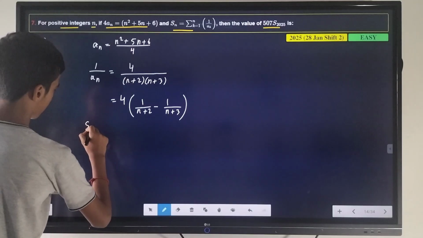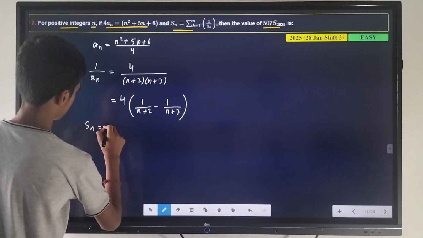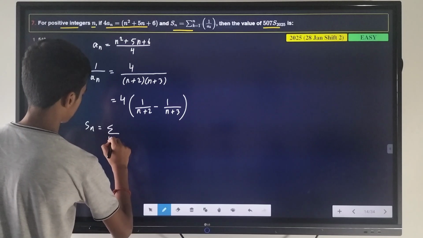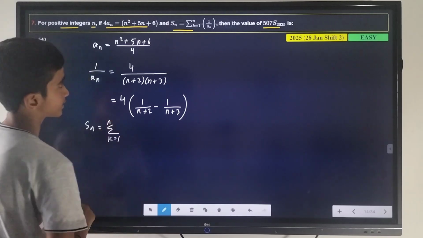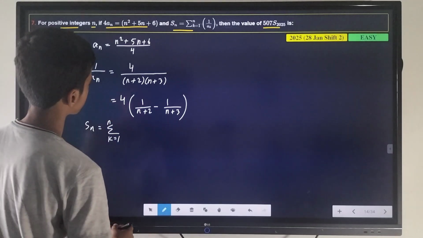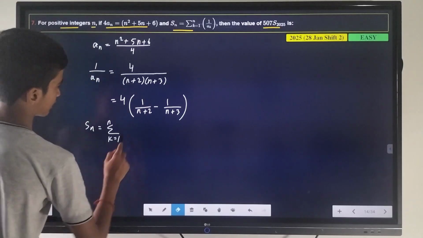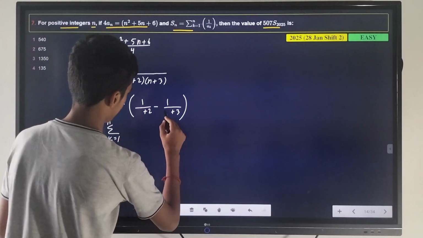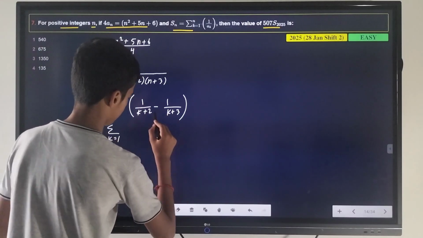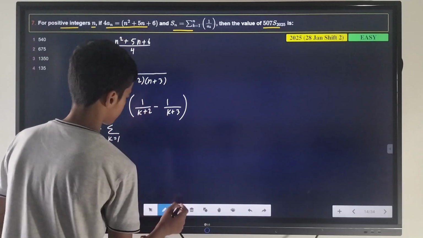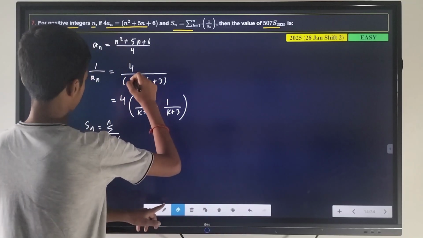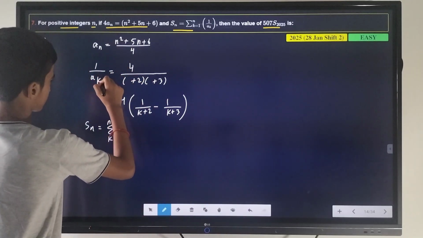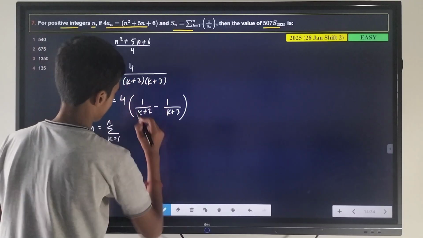Now our S of n is equal to sigma k is equal to 1 to n, A of k, or let's wait a minute. Let's change here n as k. K plus 3, k plus 2, and k plus 3, k plus 2, k, and k.